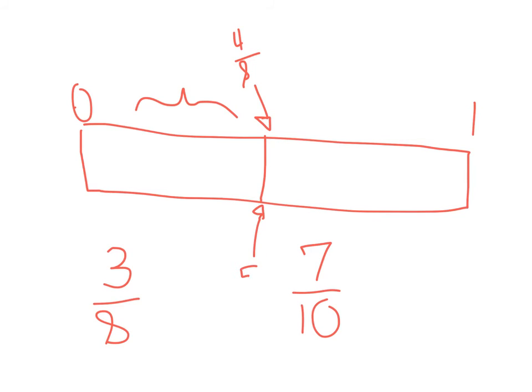So 5 tenths would be right in there, correct? 7 is larger. So you know that 7 must be somewhere in there. Okay? So if this is more than half and this is less than half, this number must be bigger. Okay, so we can just simply write it as 3/8 is less than 7/10.